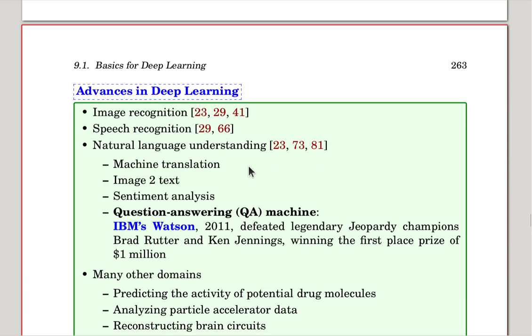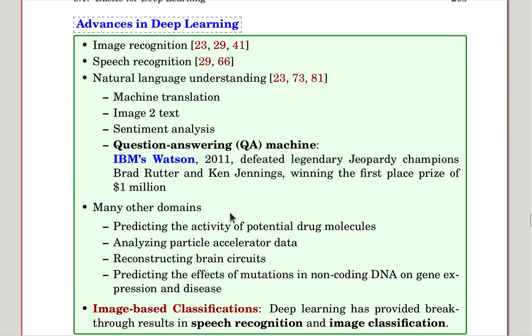Here we have advances in deep learning: image recognition, speech recognition, and natural language understanding. These are basically image-based processing. Speech is a signal. However, when processing this data, it is transformed using the Fourier transform, so that the result is like two-dimensional data.